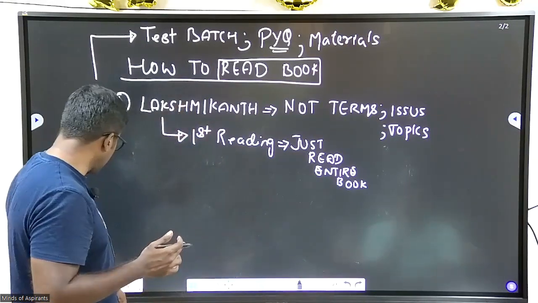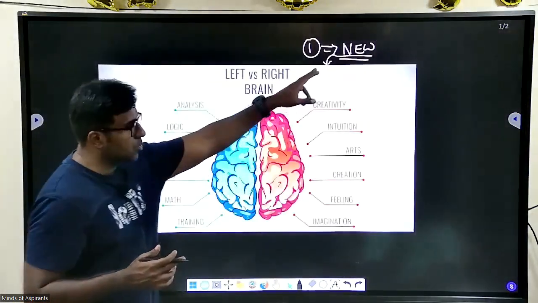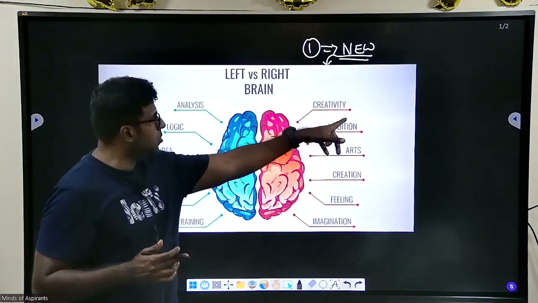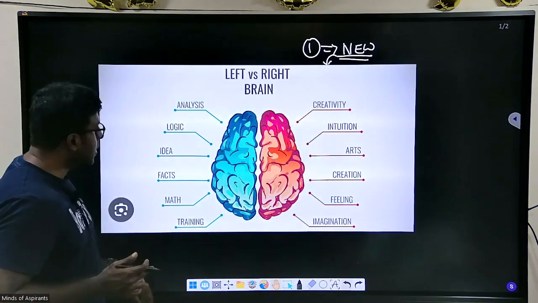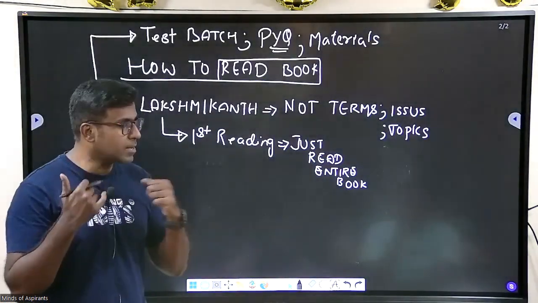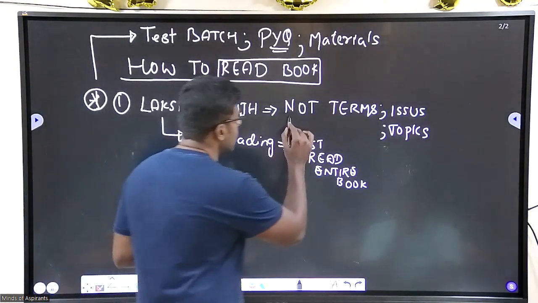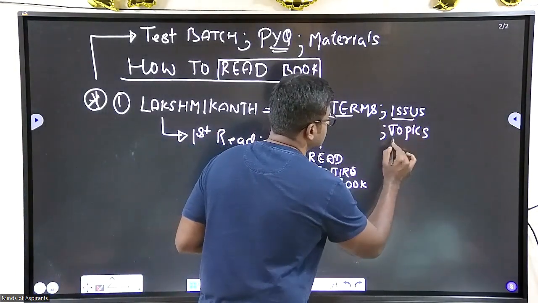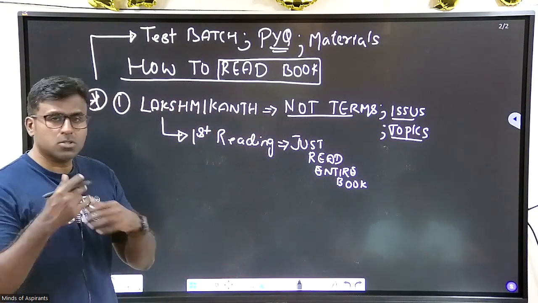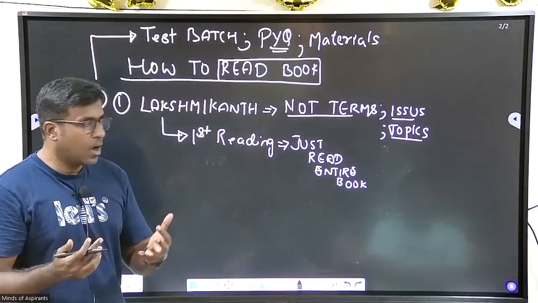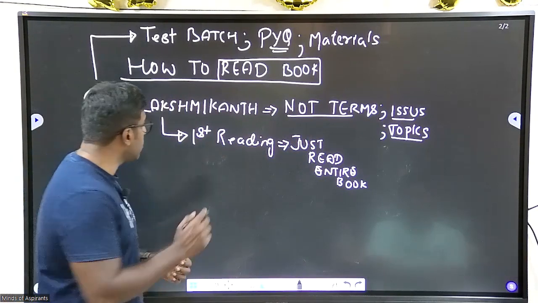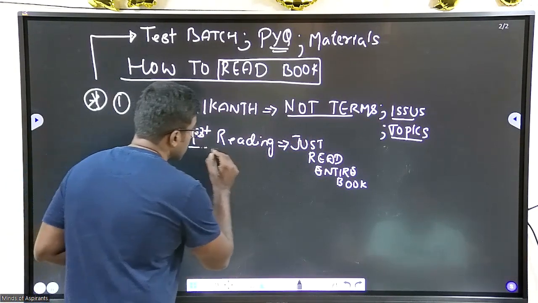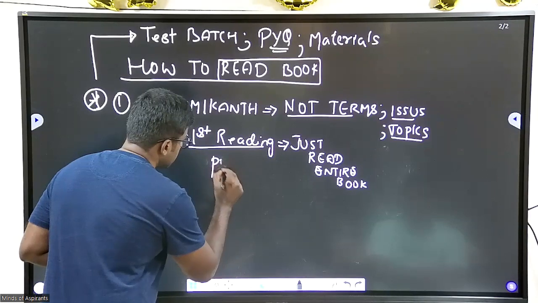That is because, as I told you, you have been introduced to the right side of the brain, which is a new concept, and the brain will not accept a new concept because it is not sure of many of the terms and things. When you are not sure of many of the terms, how is your brain going to accept it? That is why, in this first reading, you have to push.